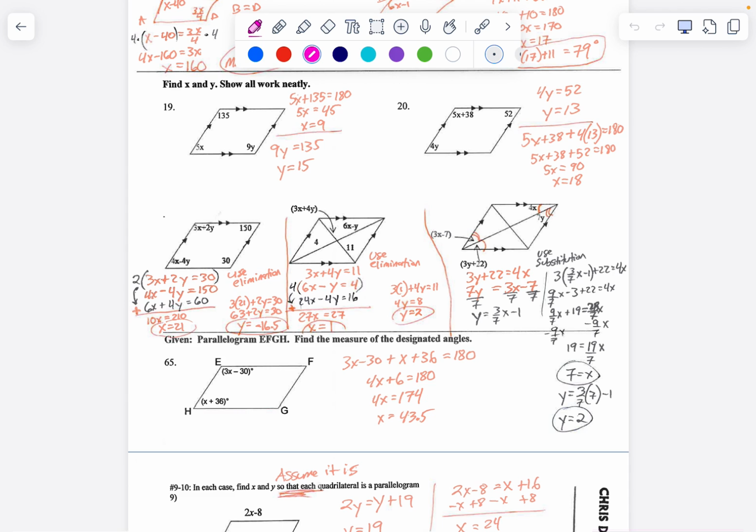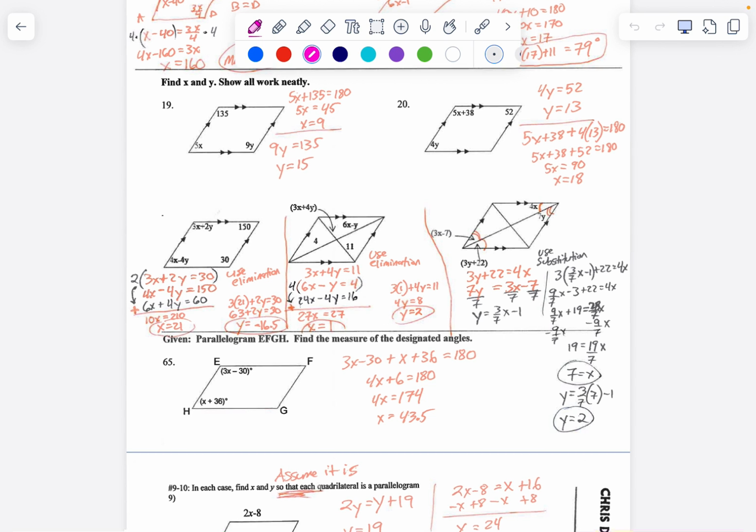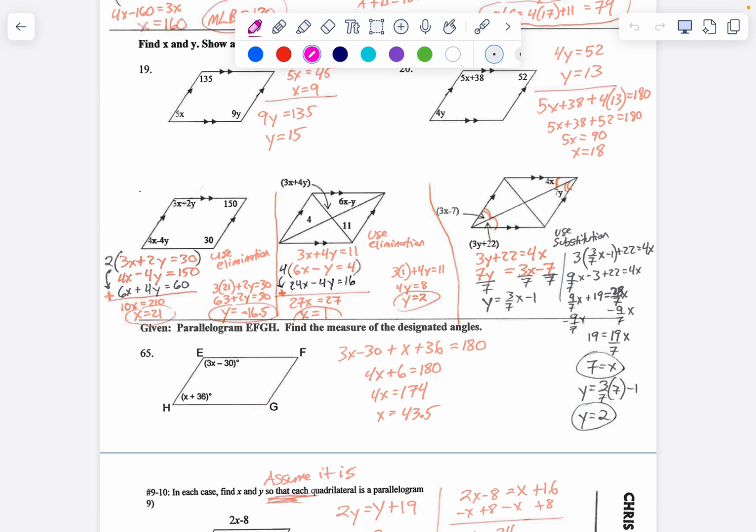You guys remember substitution? So basically get a variable by itself and then take that expression into the other equation where that variable was. I don't know if that's the best way to do it. Did anybody do elimination on that? You did?